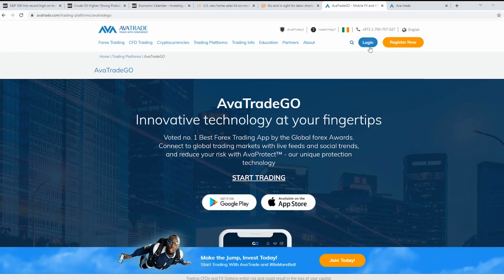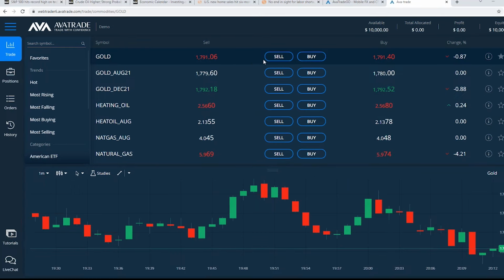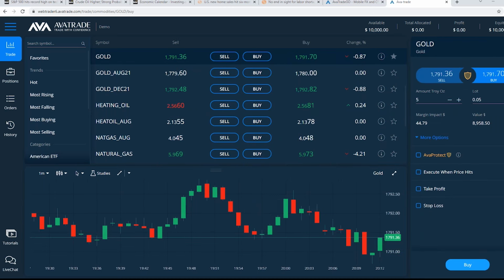And so if you log in here, you'll be in our web trader, which looks like this. And if we go to an instrument like gold or FX pairing silver, we'll see that they have Ava Protect, and all of the instruments have the other features as well. So I don't know, maybe I want to trade 10 ounces or 15 ounces.